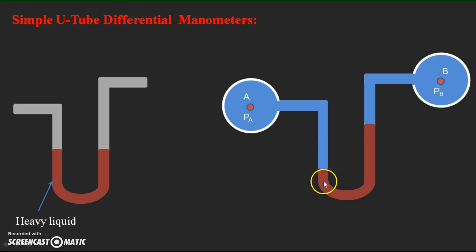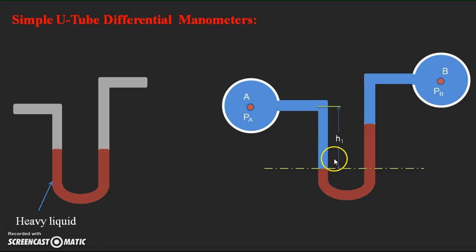Based upon the larger pressure in pipe A, there is a rise of the heavy liquid in the right limb. After assembling the manometer to the two pipes, this is the arrangement we can see, and based upon the levels we got, we try to assume a datum line. With respect to the datum line we try to assume the heights.